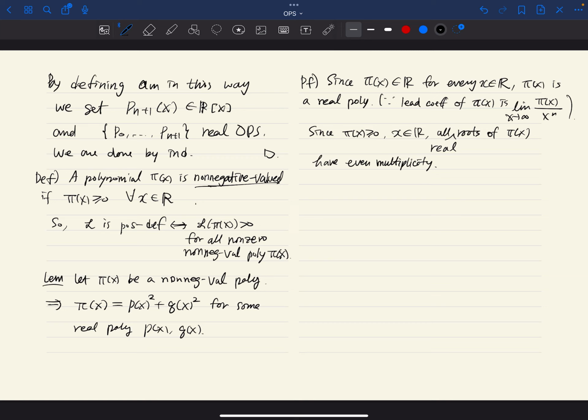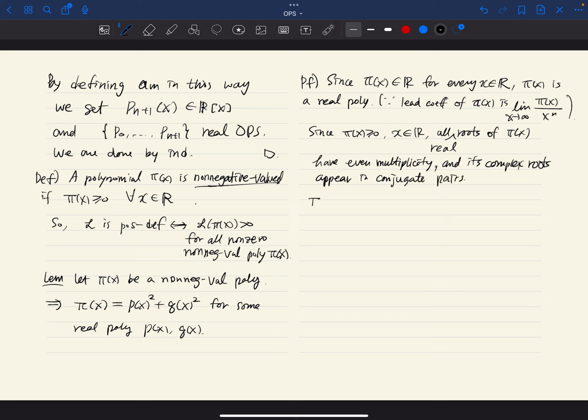And that means it may also have complex roots, right? The complex roots will always come in pairs, conjugate pairs, because it's a real polynomial after all. So its complex roots appear in conjugate pairs.